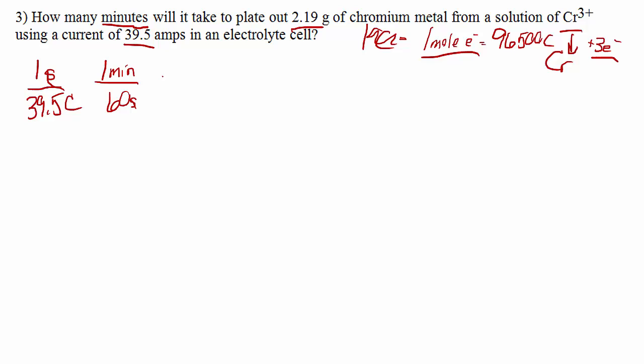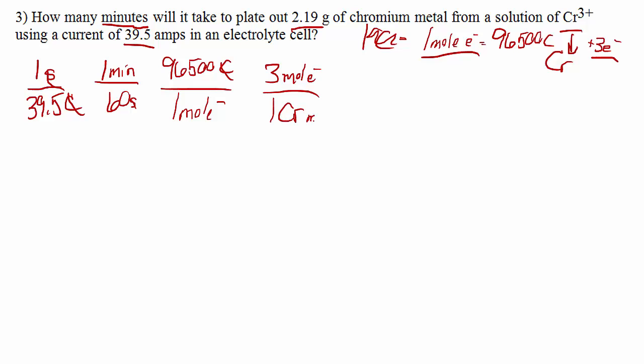Now I have to convert coulombs. 96500 coulombs is the equivalent of 1 mole of electrons, so coulombs cancel out. I also know that I need 3 moles of electrons for each 1 mole of chromium, so moles of electrons cancel out.